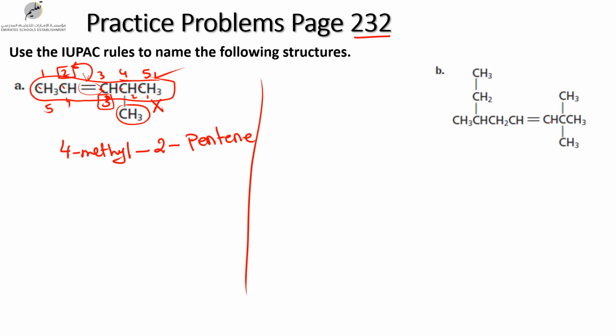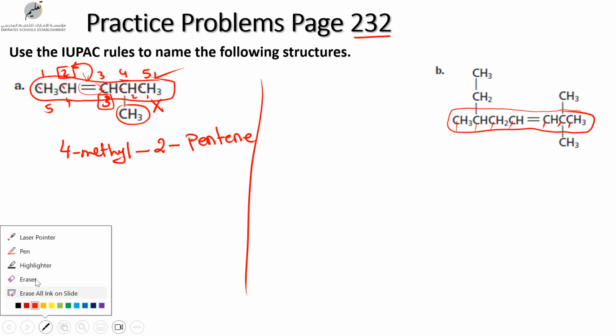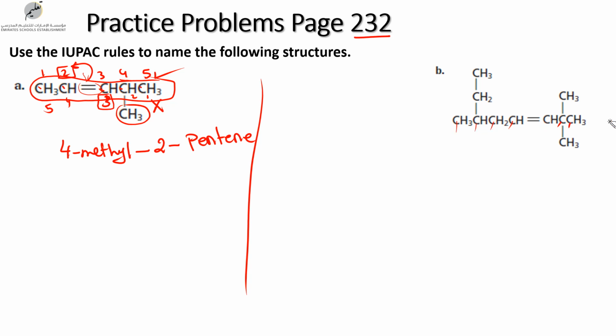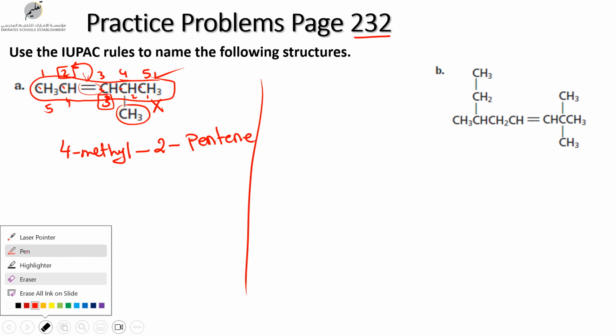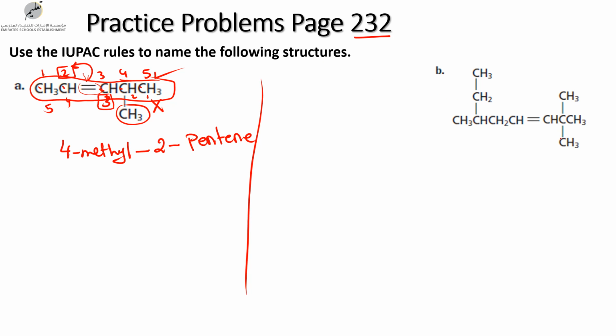Let's have a look here. I don't want you to quickly choose this one always as the longest chain. No, sometimes it's wrong, okay? So look, 1, 2, 3, 4, 5, 6, 7, right? If we delete this and check again, if I start from here, 1, 2, 3, 4, 5, 6, 7, 8.